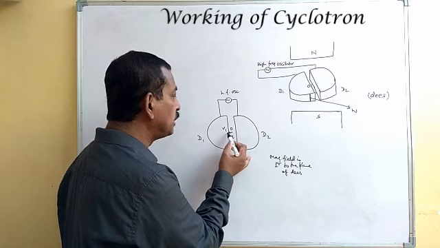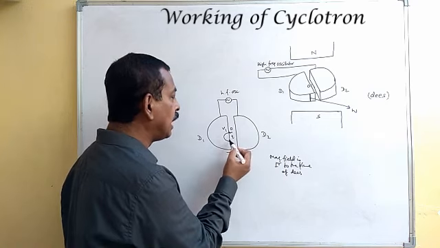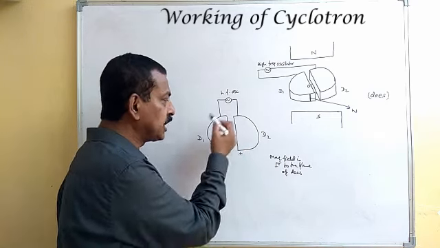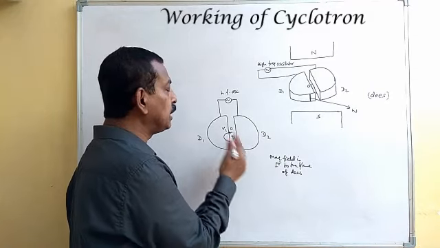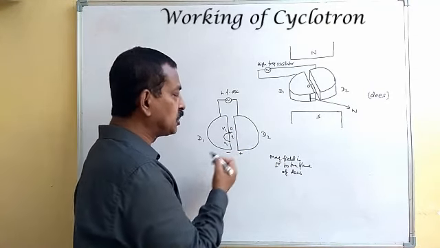Just due to the specific shape of the D, after completing half circle, it will come out. But since there is no change in the speed, if it has entered with speed V1, it will come out with the same speed V1.